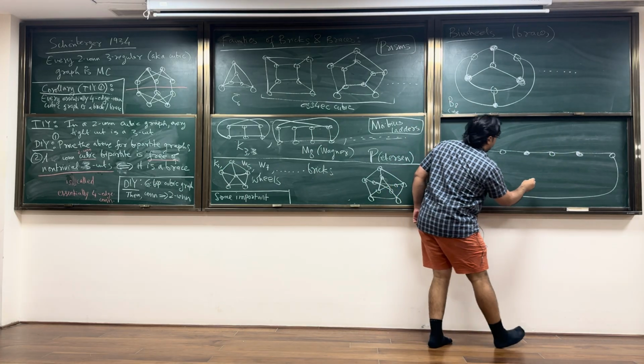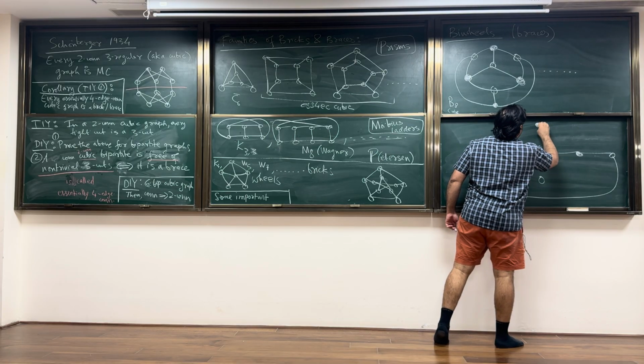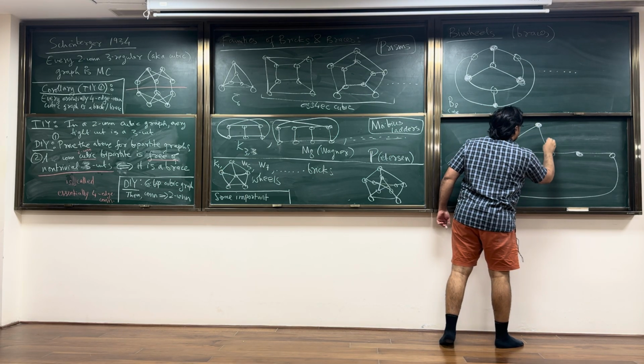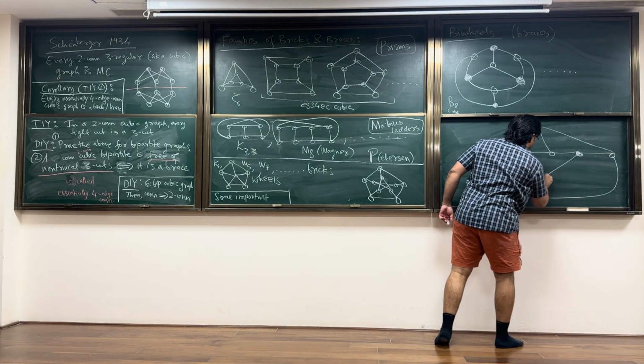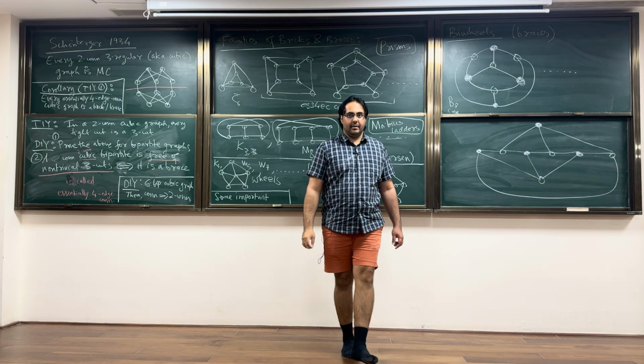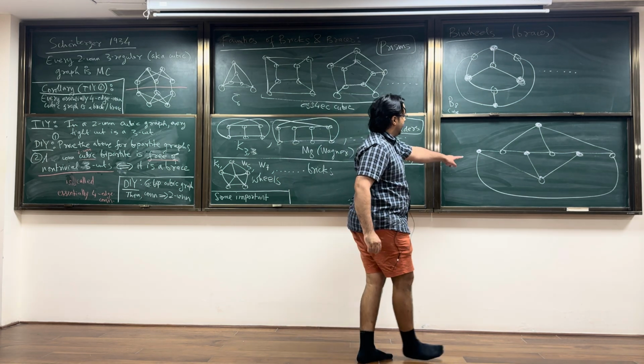And now I put one white vertex, one black vertex, or whatever, hollow solid. I join this to these. I join this to these. This is one way to draw a biwheel. Everybody agrees? It's the same graph as this graph.